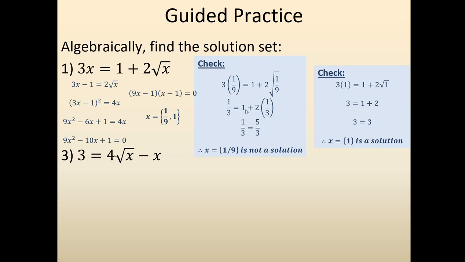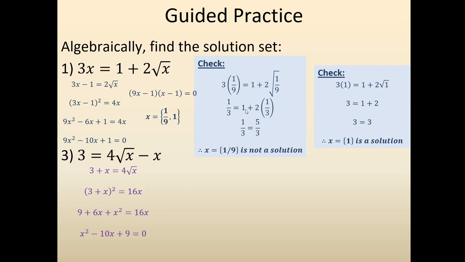All right, so for number 3, I do the same thing. I move the minus x over to get 3 plus x equals 4 root x. I take the square of both sides. When I expand the binomial, I get 9 plus 6x plus x squared. And on the right hand side, I get 16x. I subtract the 16x over to the other side so that my quadratic looks like this.